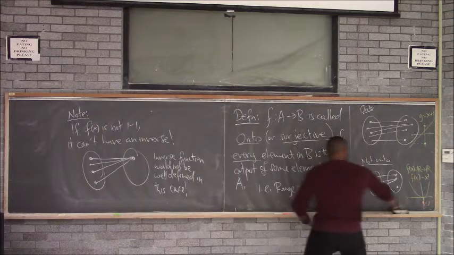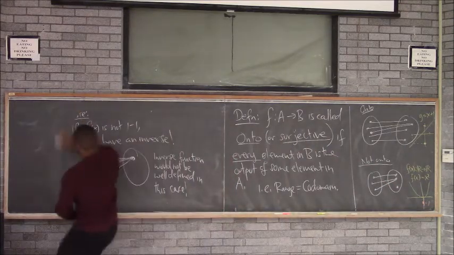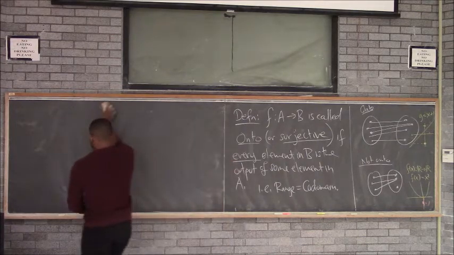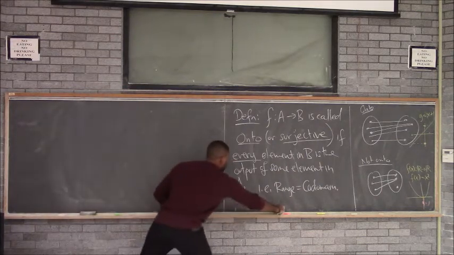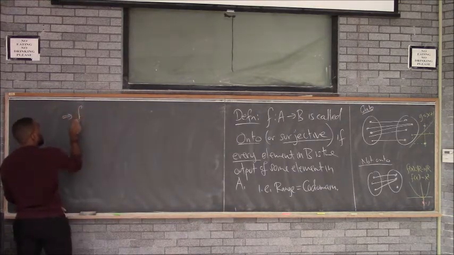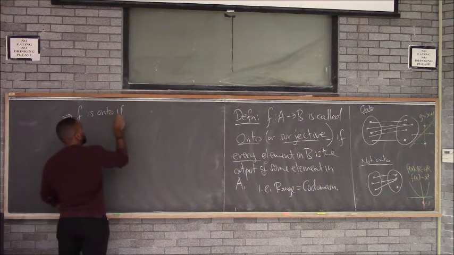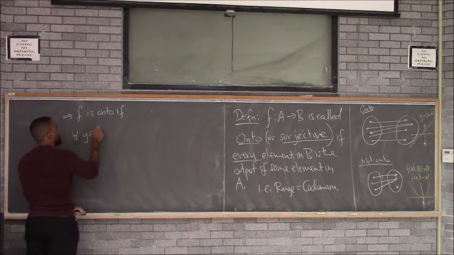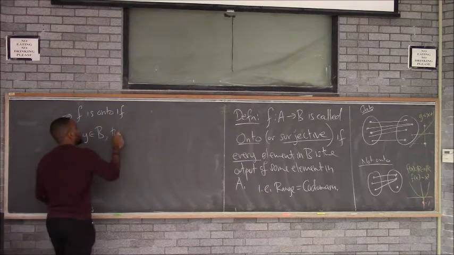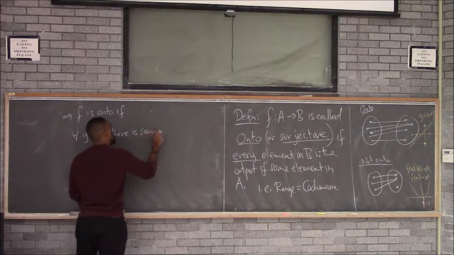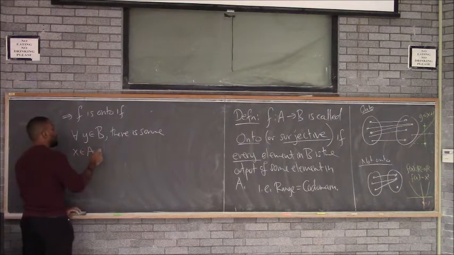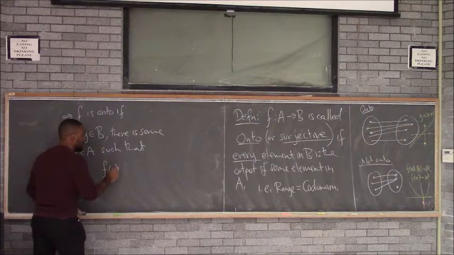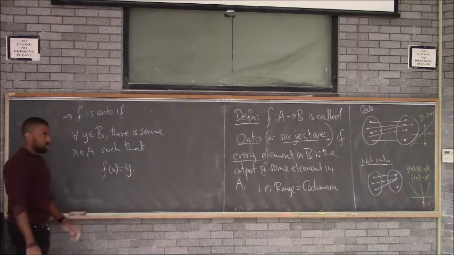So this means f is onto if for all y in B, there is some x in A such that if I plug x into the function, y will be found.